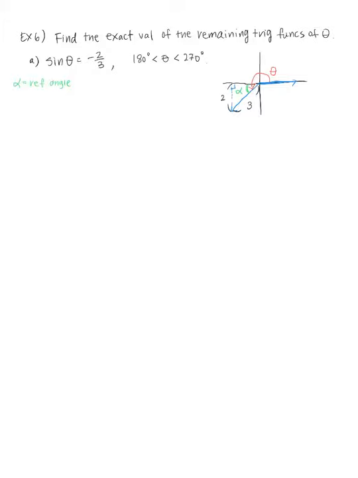But anyways, let's determine the value of x. So we have y squared plus 2 squared equals 3 squared. I don't know why I put a y there, but anyway, so our x is going to be the square root of 9 minus 4, so square root of 5. I should have written it x. Sorry about that.